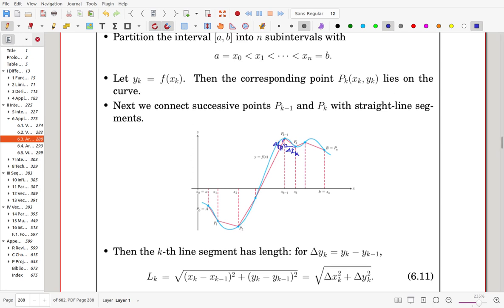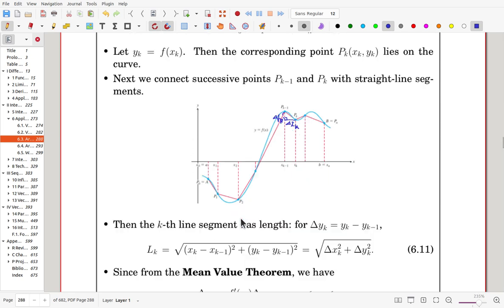By using the Pythagorean theorem, the length of this line segment is the square root of delta xk squared plus delta yk squared. That is a simple Pythagorean theorem.